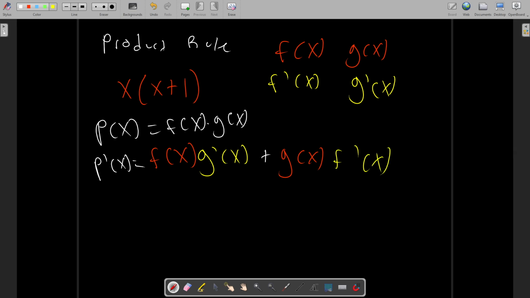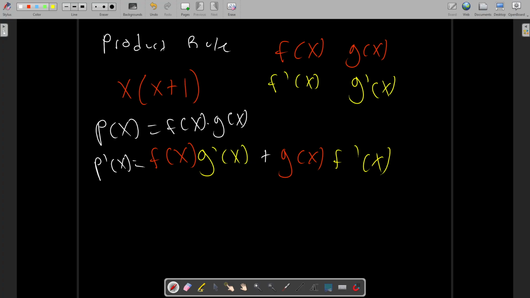So basically, since it's additive, you can do either one first, but the point is that it's one of the functions times the other function's derivative plus the other function times the first function's derivative. So it's going to be opposites. So each time there will be an opposite, right? Because you can see on the left side we have f and g, and then on the right side we also have g and f.